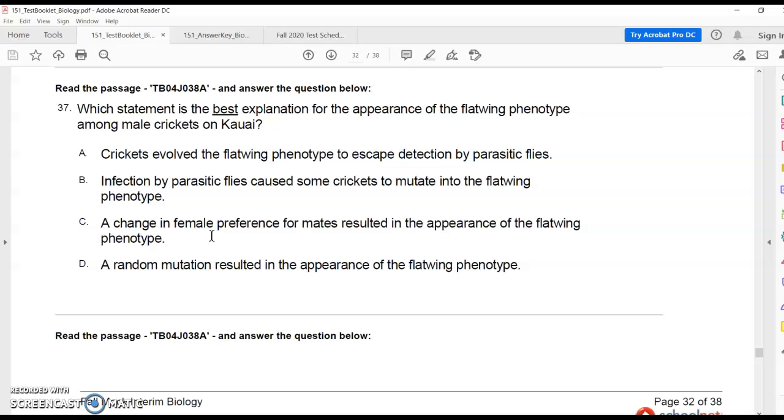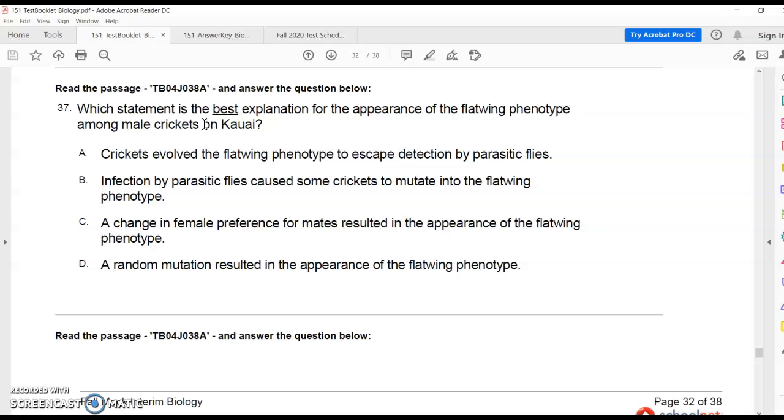Some of these are tricky. 37 is one of those. So you're trying to figure out the best explanation for the appearance of the flaunting phenotype among the crickets of the island in Hawaii.